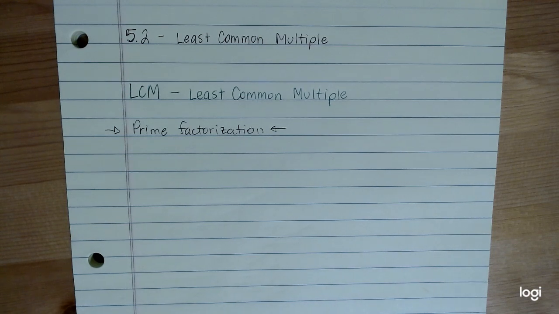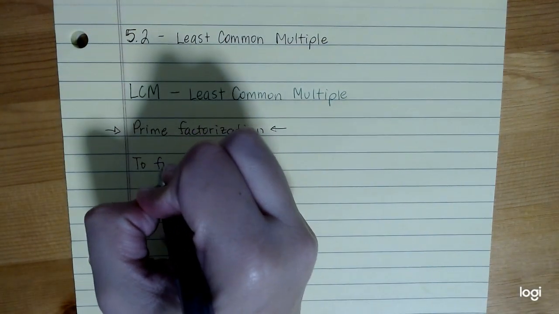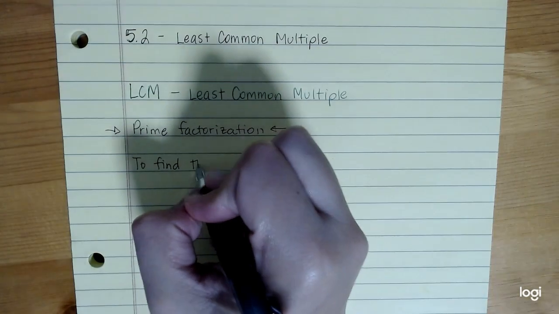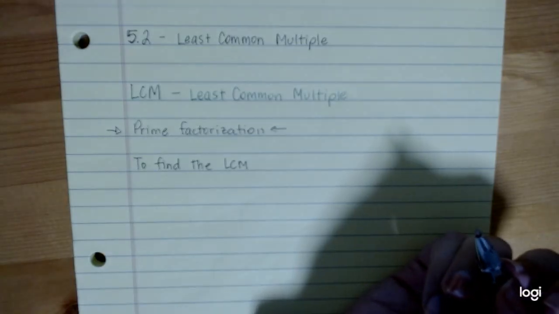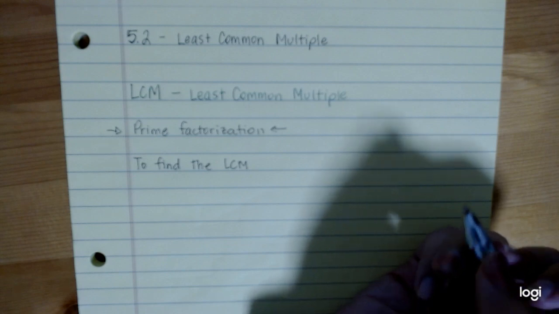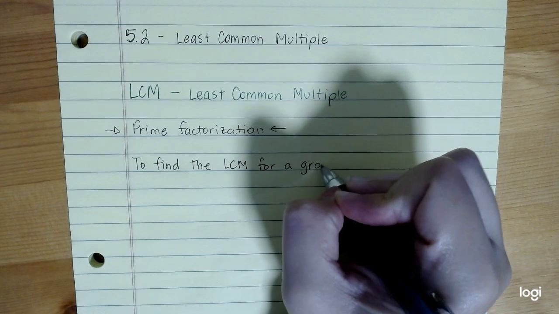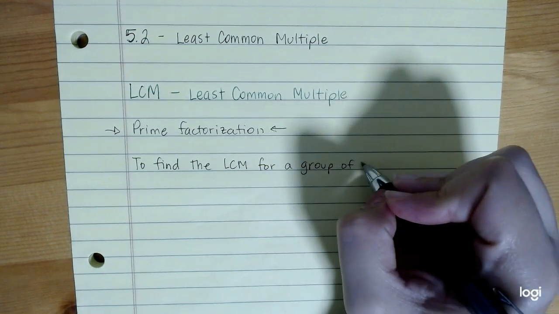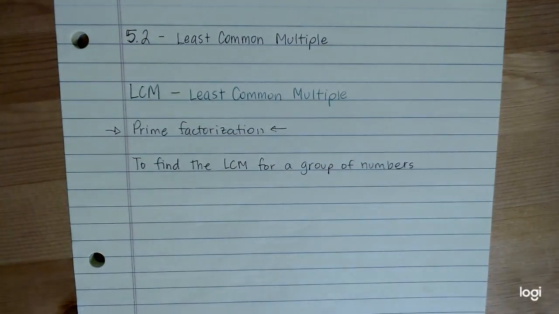So the way that we use this is to find, and I'm going to use LCM instead of writing out least common multiple, for a group of numbers. Most of the time we're just talking about two numbers, but sometimes we can get larger.